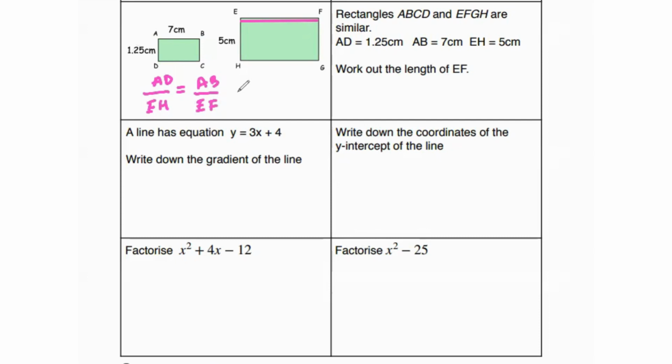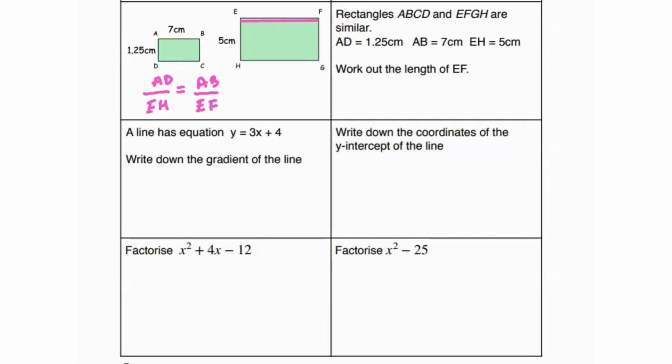The condition for similar shapes is that, for example, if we're looking at rectangle ABCD and rectangle EFGH, AD corresponds to EH. So if they're similar to each other, the fraction of these two lengths would equal the fraction of another set of corresponding lengths. That's why AD over EH is equal to AB over EF.